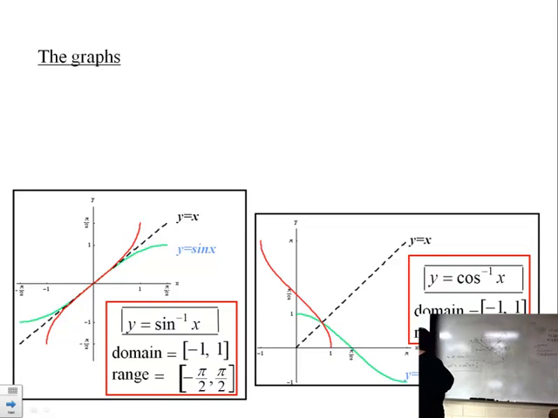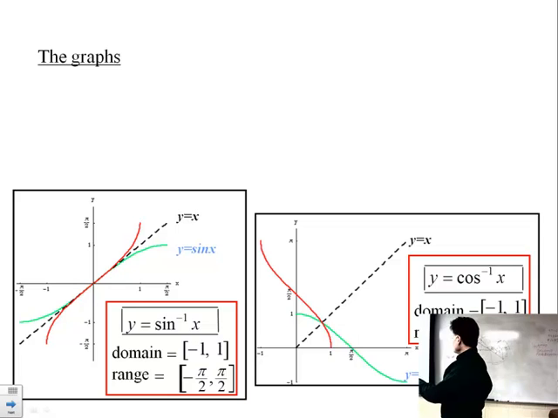Now, to get the graph of the arc sine, we flip that graph in the line y equals x, and we get the red line. So the red line is y equals the sine inverse of x. Its domain is -1 to 1. So that's the only x's that work. And its range is minus pi over 2 to plus pi over 2, inclusive.